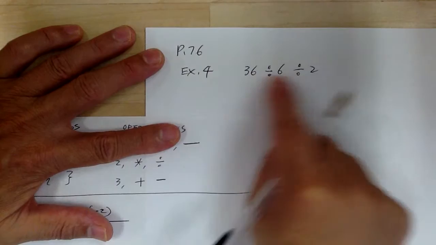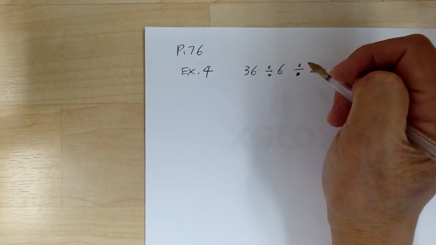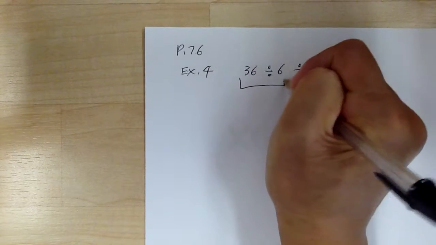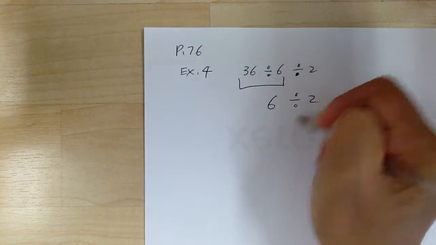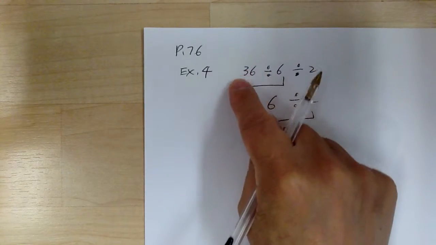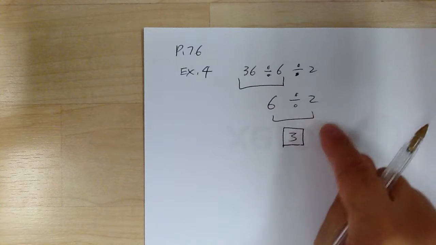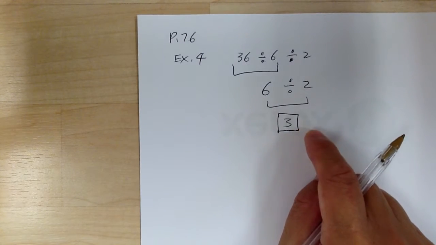So again, they are all division, so they are the same priority. So when they are the same priority, you go from left to right. So you have to divide that first. So 6 divided by 2, and so this becomes 3. Okay. So you don't have to do the bracket. I'm just doing it so you can follow what I'm doing. But you go from left to right, and that's your answer.